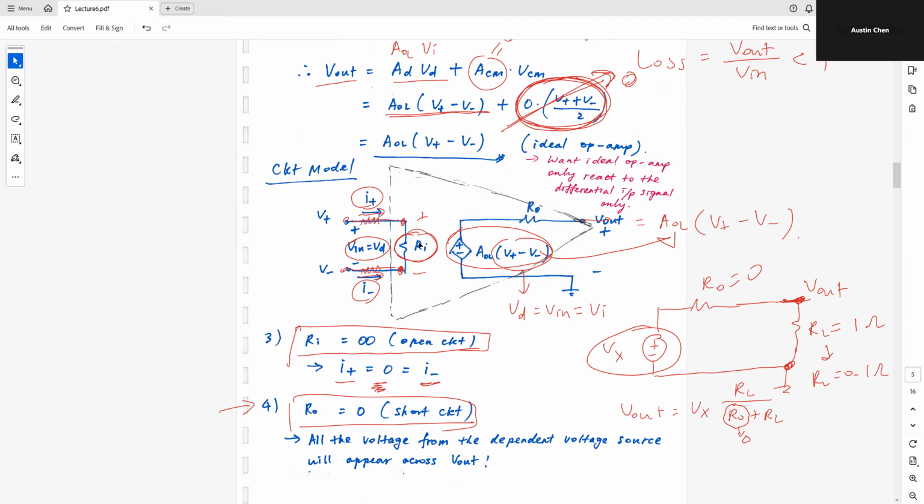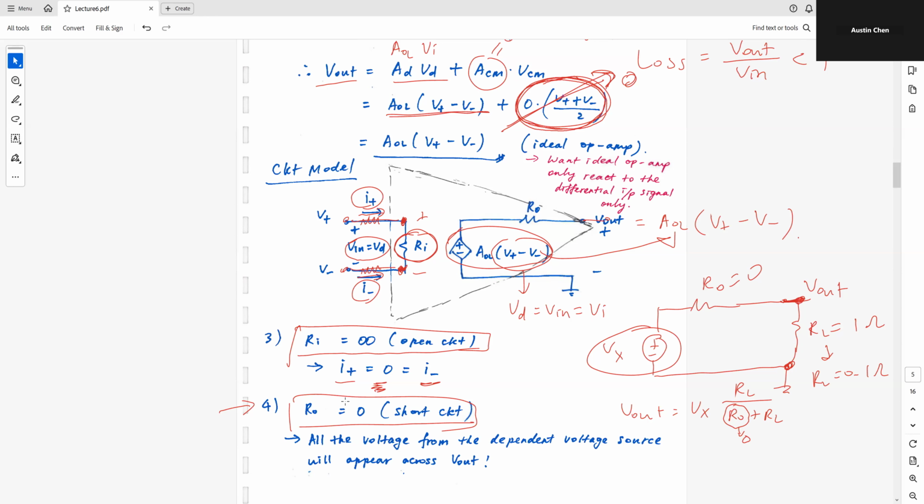So by ensuring that this Ri is as large as possible, all the way to infinity, I can ensure all this voltage is going into these two terminals, and the op-amp can continue performing the signal amplification.